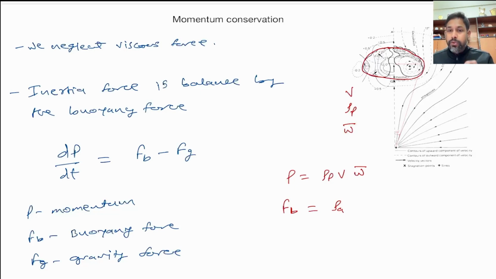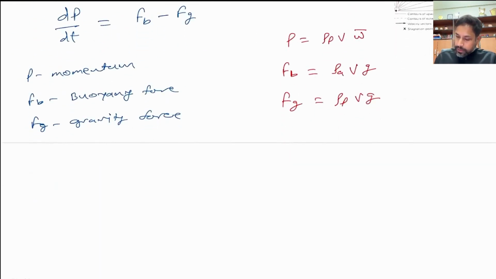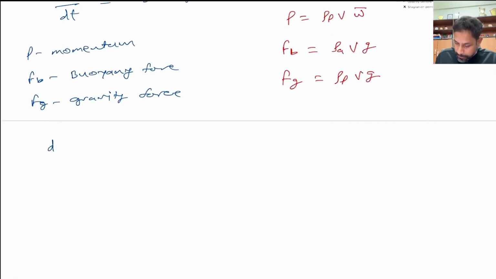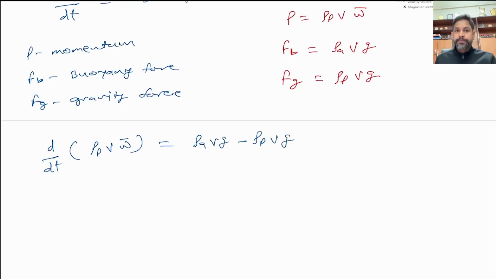And that's why we'll have to consider rho A times V times g. Okay, V is still the plume volume. And Fg, the gravity force, will be on the plume in the downward direction, and that will be simply rho p V times g. Okay, so these are different terms we have. So this balance can now be written as d by dt of rho p V W bar is equal to rho A V g minus rho p V g.